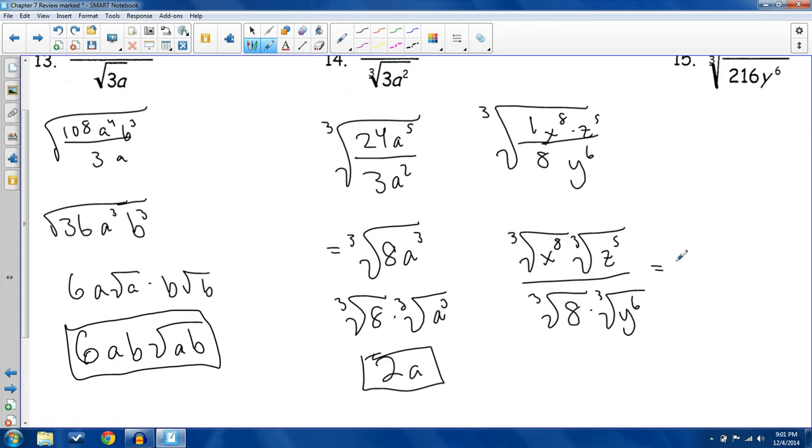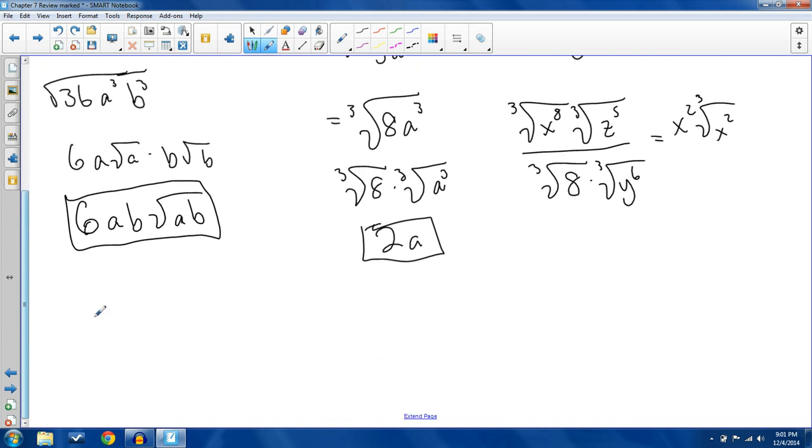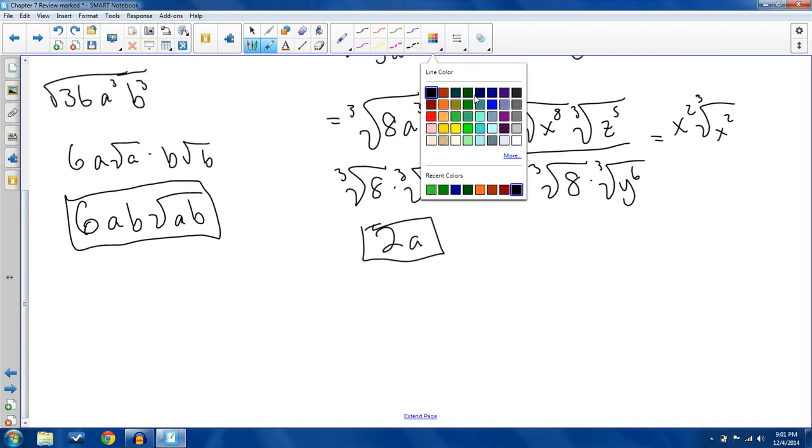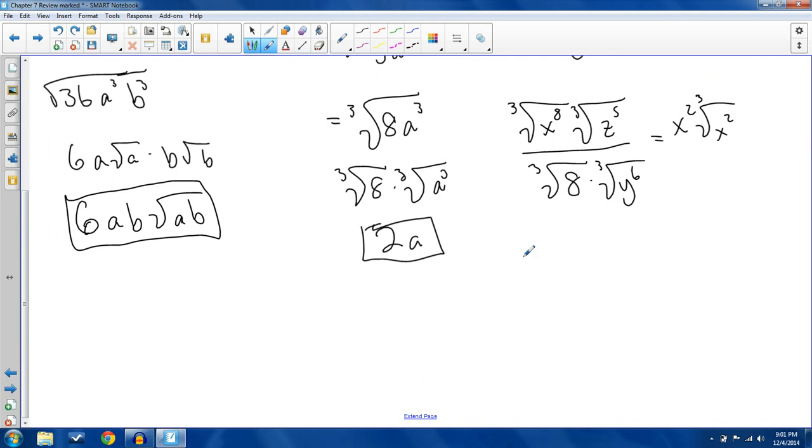8 divided by 3 is 2, remainder 2. Hang on, I need some more room for this one. I'm going to do it down here, and in a different color. I've been using too much black on that one. Okay, the cube root of x to the 8th: 8 divided by 3 is 2, remainder 2.